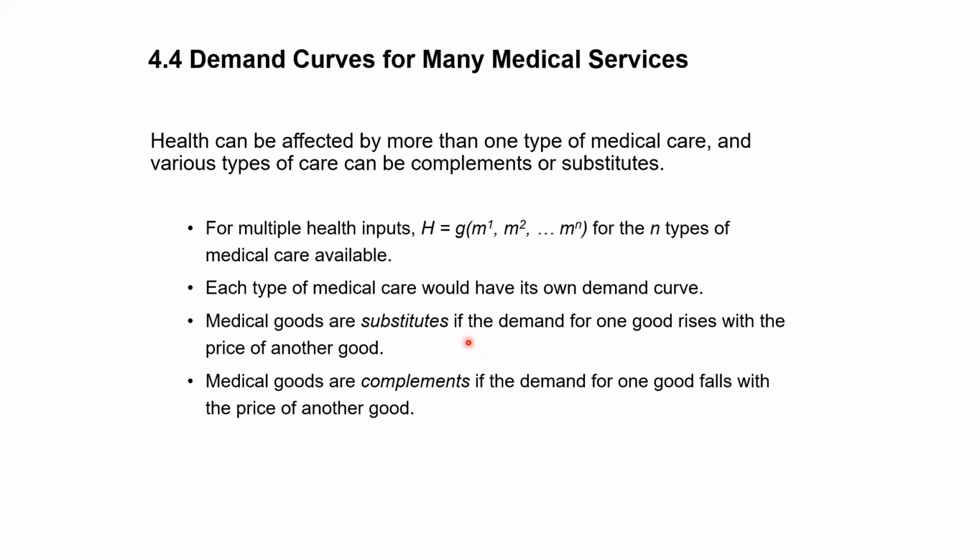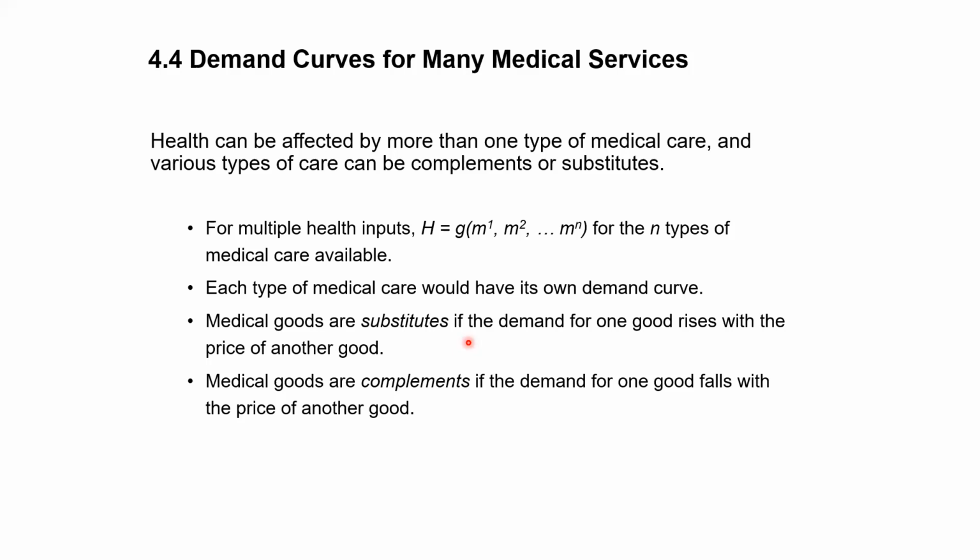Because health can be affected by more than one type of medical care, and different types of care can act as complements, or they support each other, or they can act as substitutes, no, or they can replace each other.